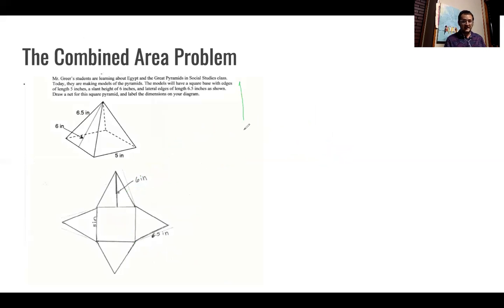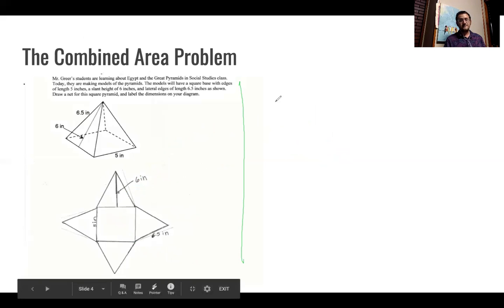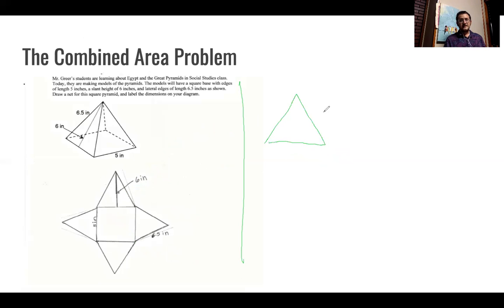Let's say that I had a triangle, and I gave you that the area is equal to 30, and the base was equal to 5. We'll call this problem last example. And we need to find the height.